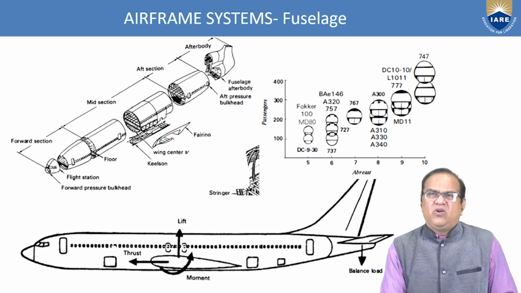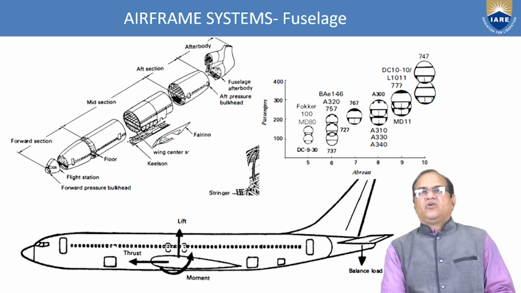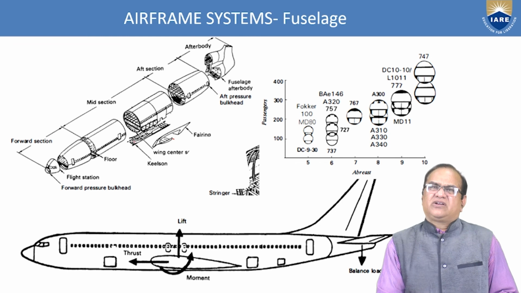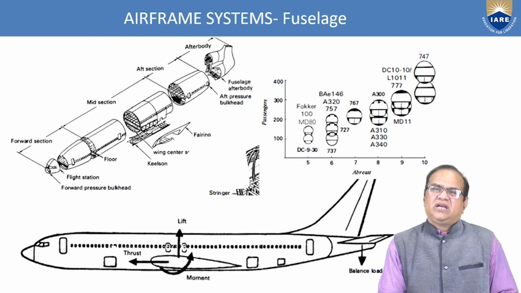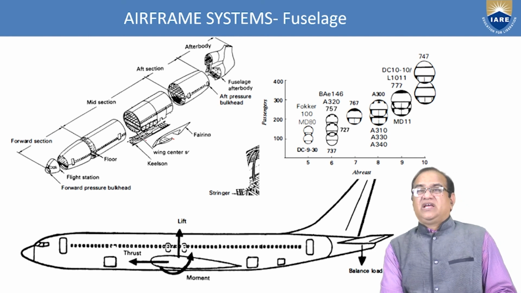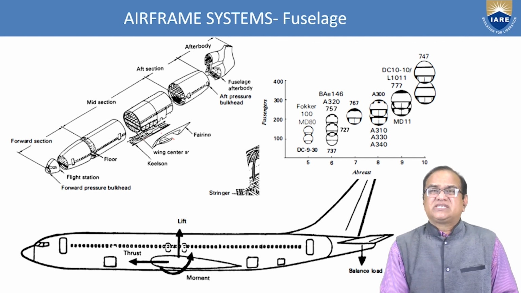The highest strength and toughness of the whole body is in this area. This is called the keelson, a very, very tough part. All loads are transferred in this area, which is where the wings are fixed. On the wing, the landing gears are also fixed.